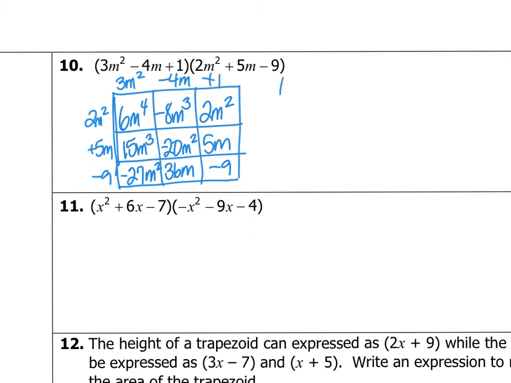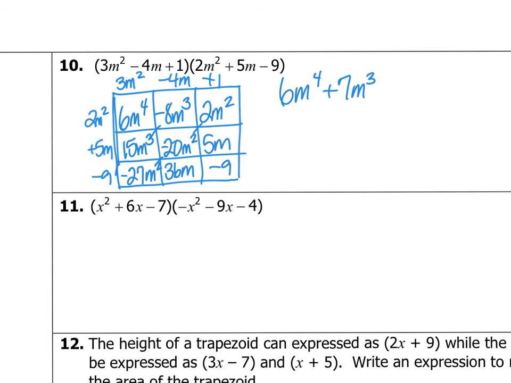So 6m to the fourth is going to come first, and it's the only one of those. And when you do the box method, your corners, you're always going to have two corners that don't combine with anything. That one goes first. Then the next one, I'm going to put these two boxes together because they're the same. So I've got 15 minus 8 would be positive 7m to the third. For the next one, I'm going to put these three boxes together.